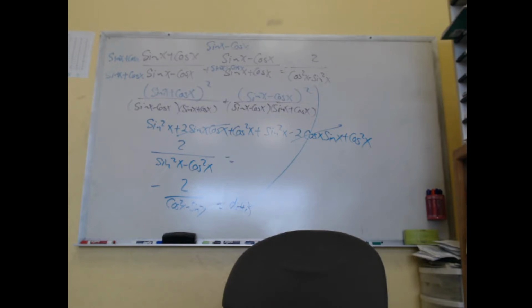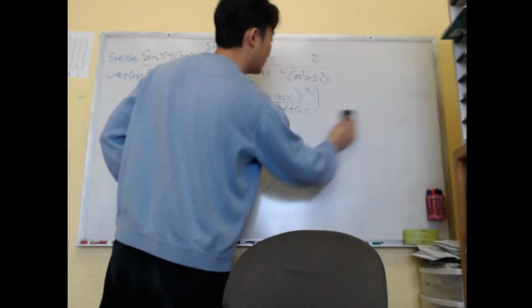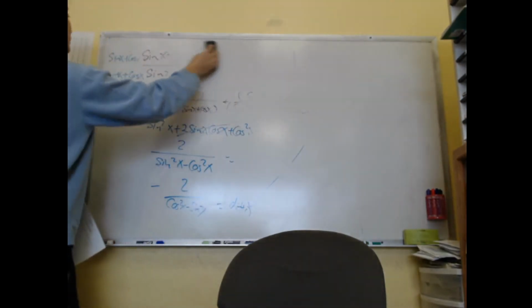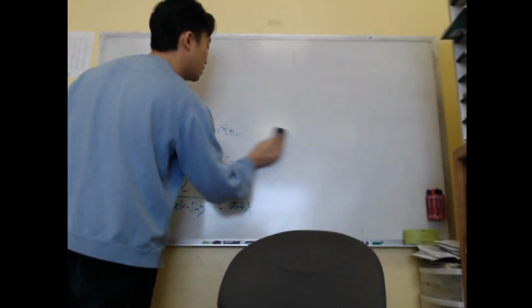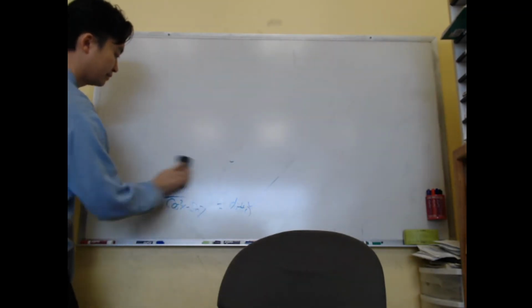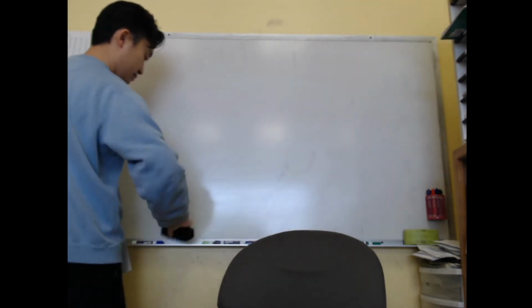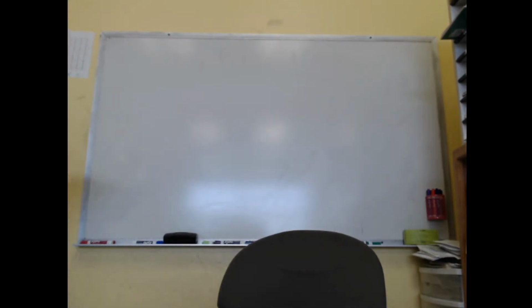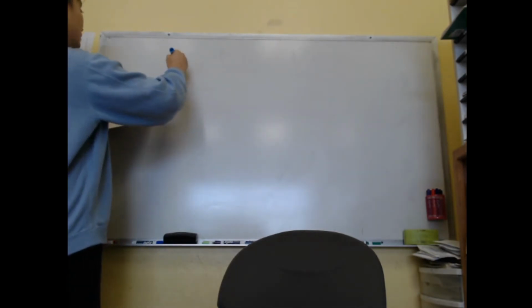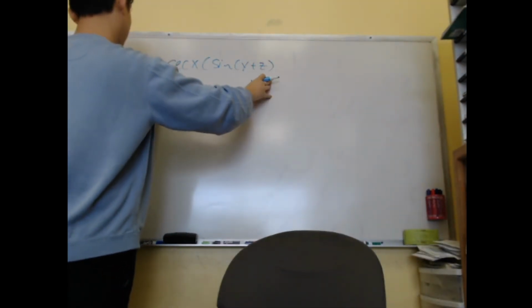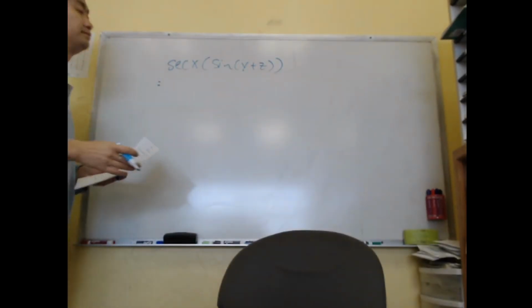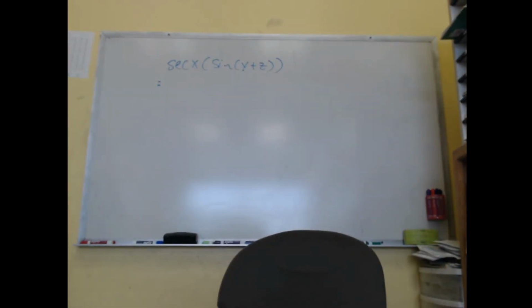Think about the cofunction property, the one that we talked about earlier. This one is just the fundamental trig identity. What's y plus z?